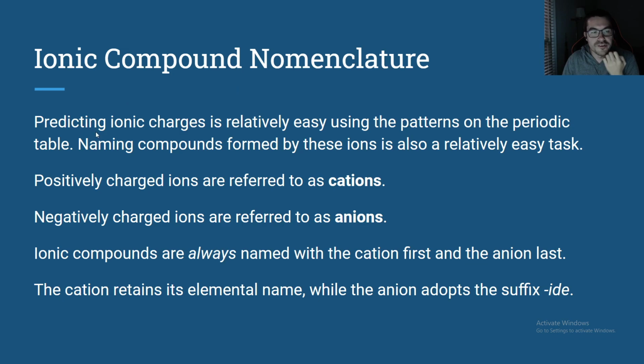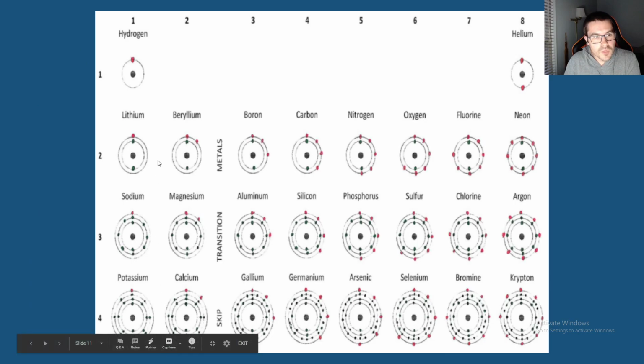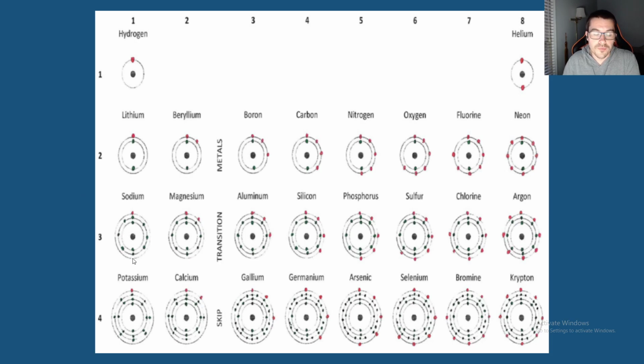So, predicting the ionic charges on elements is relatively easy using patterns on the periodic table. Let me be very explicit. These elements over here in the first column are generally going to lose that one valence electron, due to the electrostatic forces. When it interacts with another atom, that electron is more than likely going to hop off and say, see you later, I'm going over to this other atom where I can be closer to the nucleus.